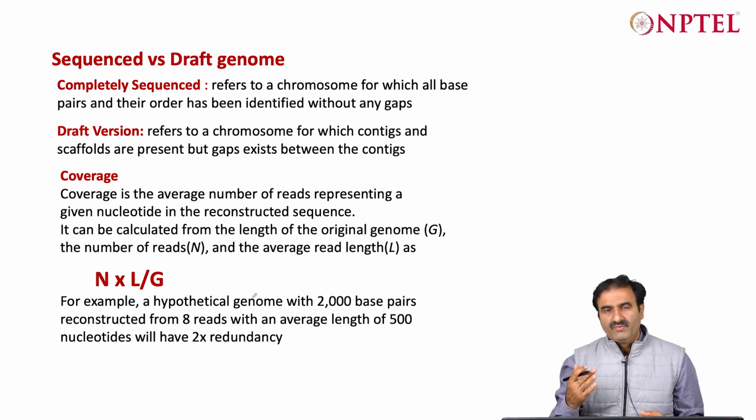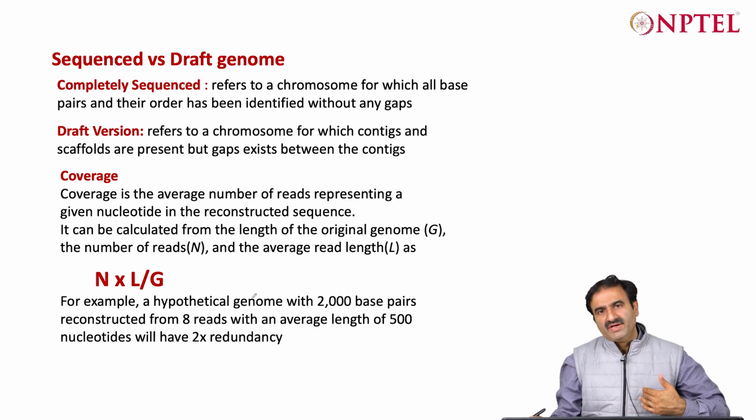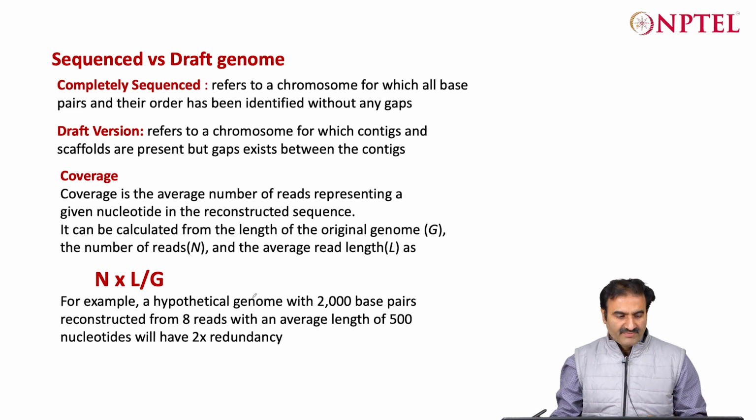For example, version 1 is released in one year, then you do further improvement and have another version the next year. Like in the case of chimpanzee, I think this may be the case now, because human is complete, so that should also be nearing its completion. And for other primates, there will be several drafts improving over the years, and you can look at those drafts or versions of those sequences.